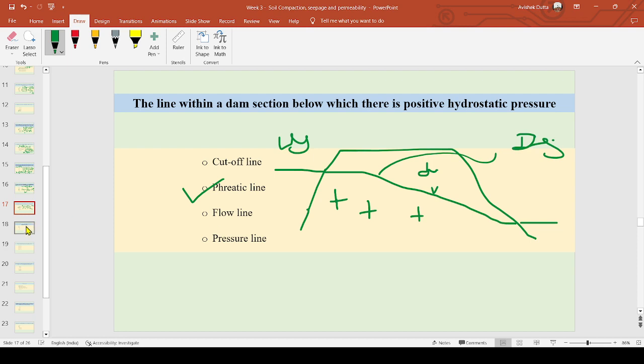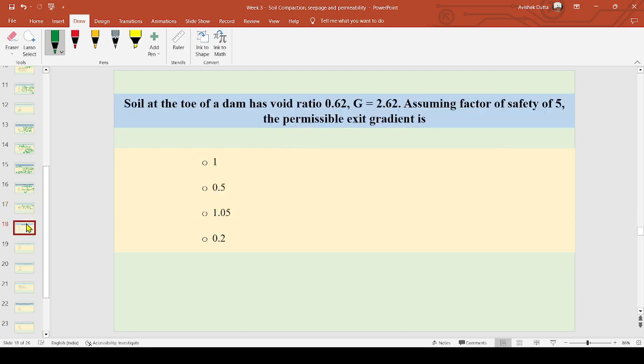Good. Next question. Soil at the toe of a dam has void ratio 0.62 and specific gravity 2.62. Assuming factor of safety of 5, the permissible exit gradient is. Have you solved this question? So basically, the numericals are not being solved by anyone. Okay.